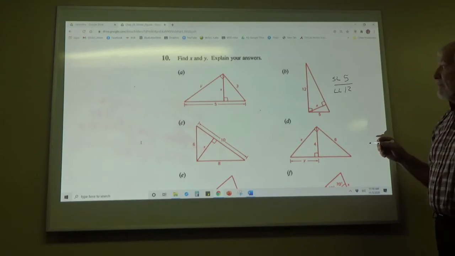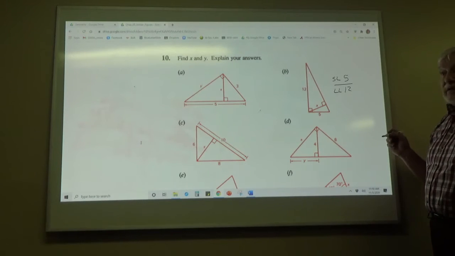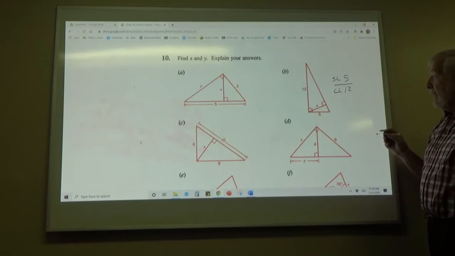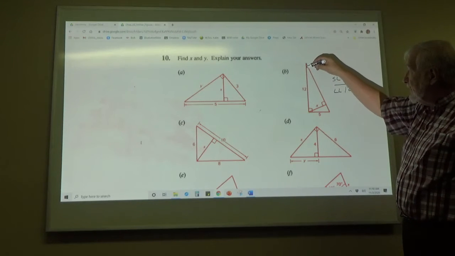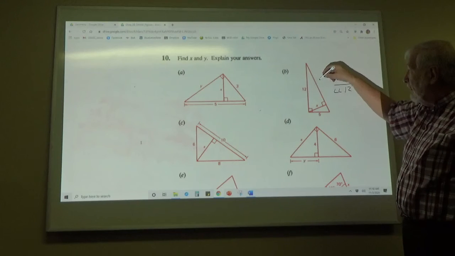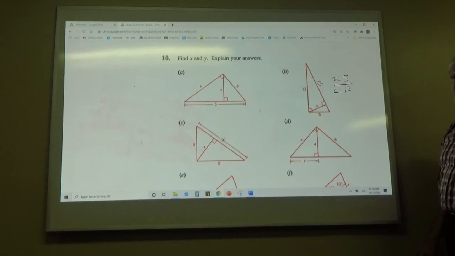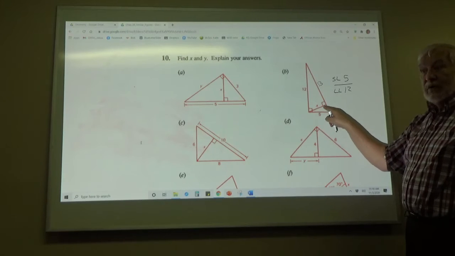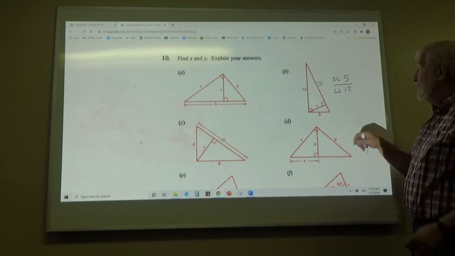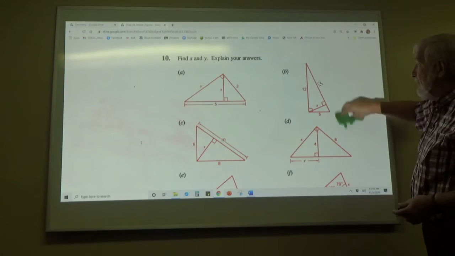I'm running out of problems, so what I'm going to have to do is calculate the other side. In this case, if this is 5, 12, I happen to know that one. That makes the big hypotenuse 13. Because this is the hypotenuse of the smallest triangle, isn't it? So this one doesn't work because I don't have the values.